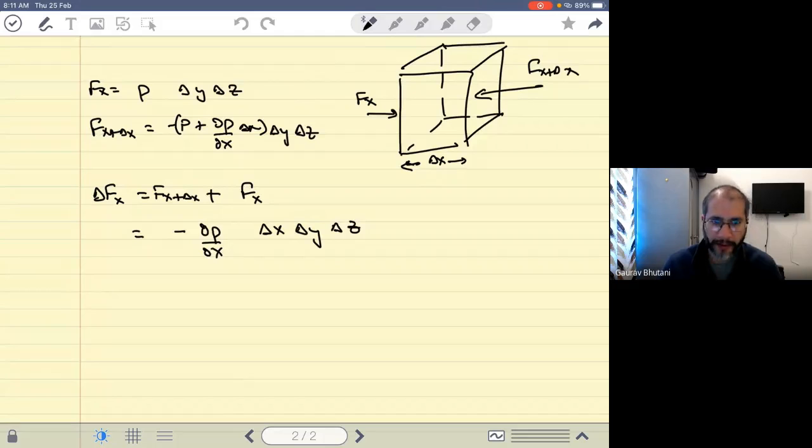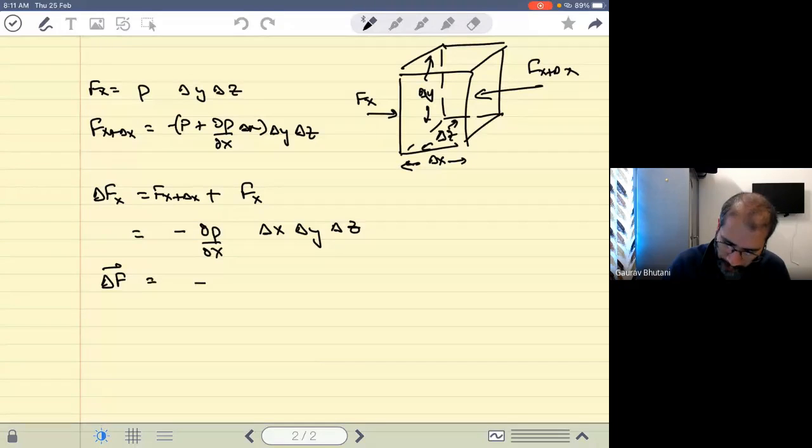Right. And if I do the same thing in the other two directions, the delta y direction and the delta z direction, I will end up getting similar relations. So let me write the total force on this differential element.